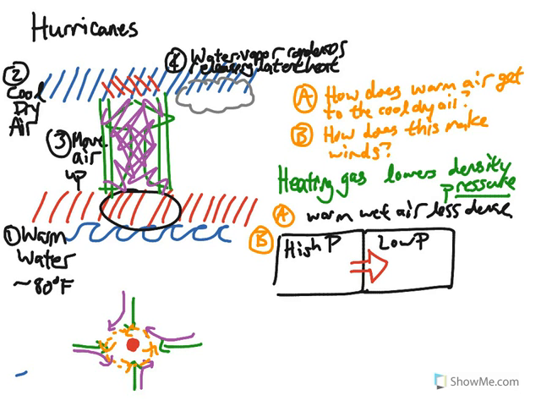And because it's warm, it has a lower pressure than the surrounding atmosphere, and that creates an airflow, which is just the wind, and the airflow is going to be towards this column.